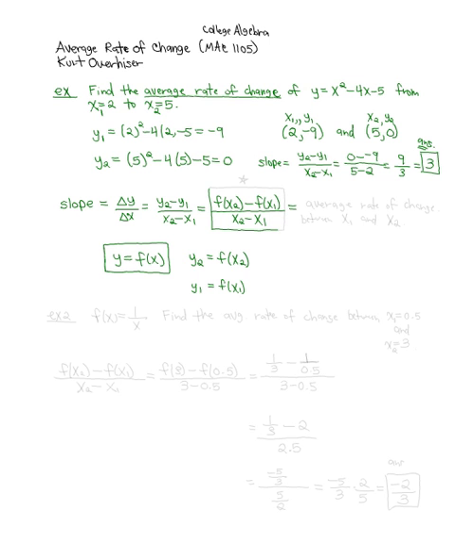This right here is the function notation for the average rate of change of your function between x1 and x2. So now we're going to go to our second example.